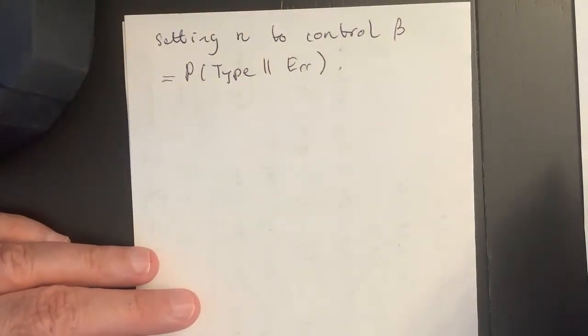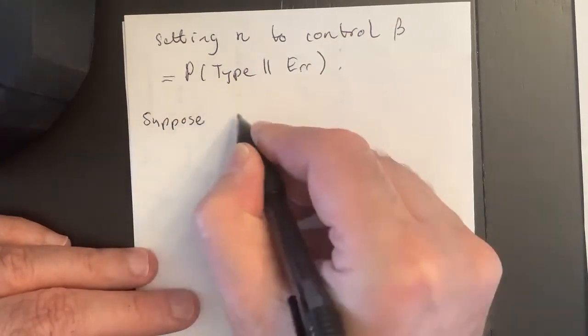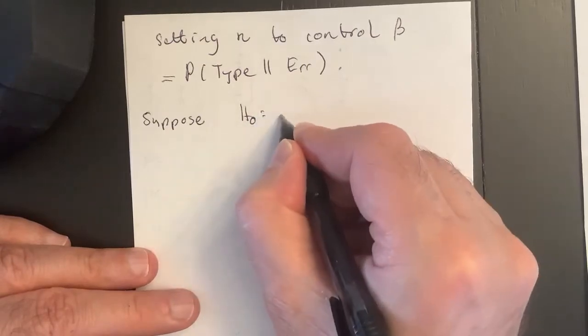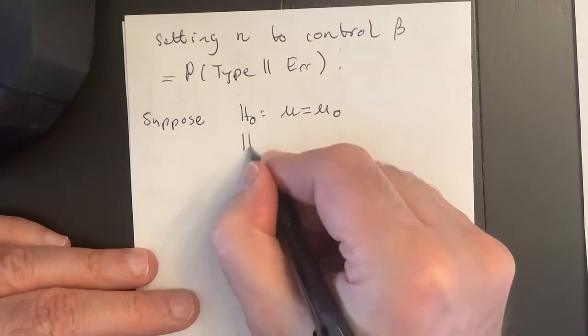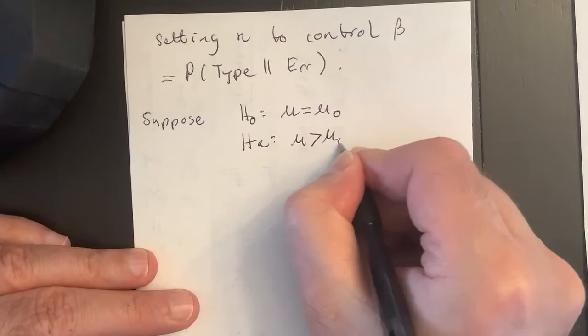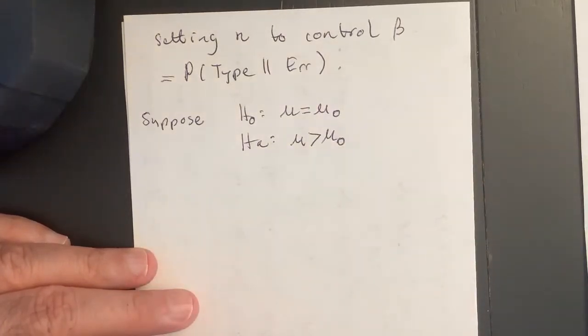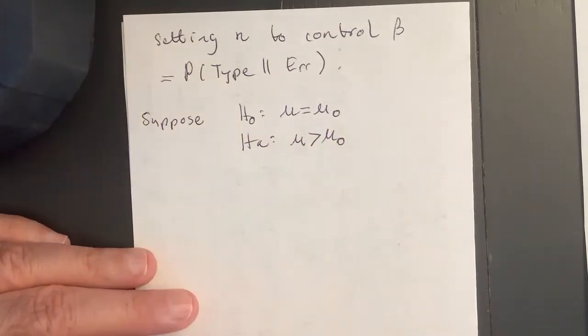So suppose we have H0 is, let's say, mu equal, let's call it mu 0. HA is mu greater than mu 0. And alpha is the probability of type 1 error, so we'll set alpha, and beta, let's set beta equal to a particular mu a.